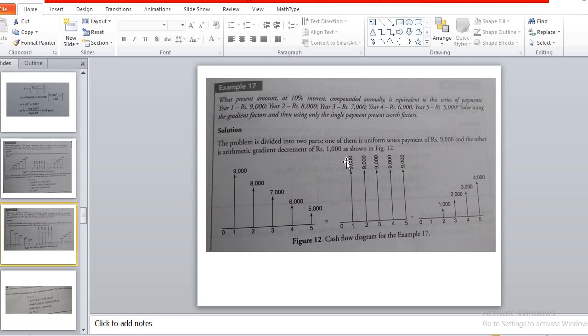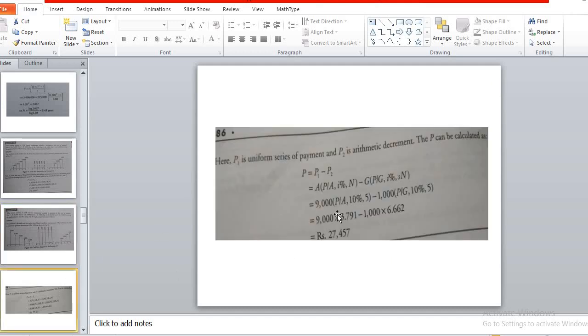With these factors we use the same formula that we used in the earlier example, and after putting the i value and n value, we get the gradient factor, and the total value comes as 27,457. So these examples are based on the gradient factor.